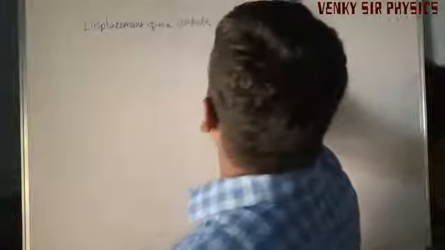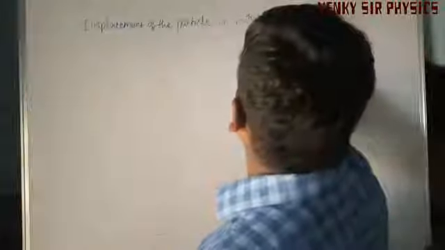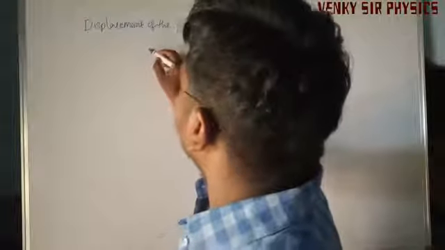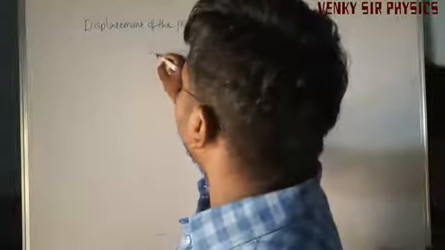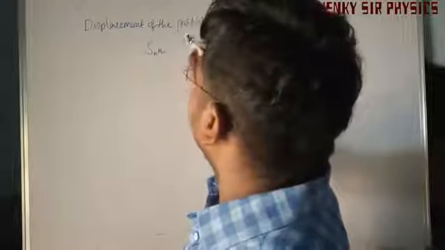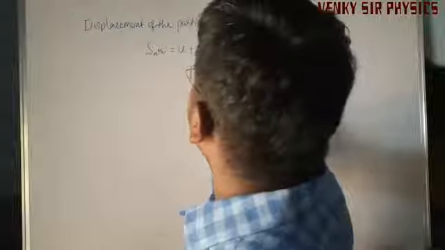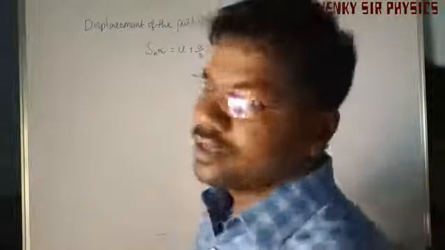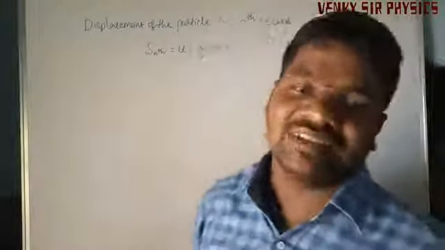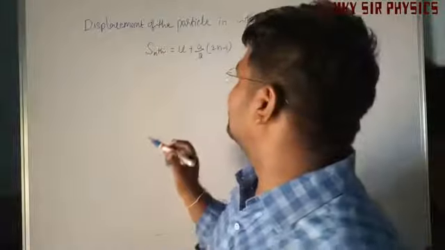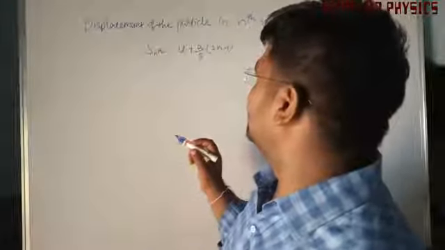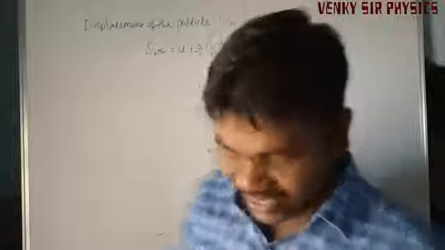Derivation of s nth is equal to u plus a by 2 into 2n minus 1.